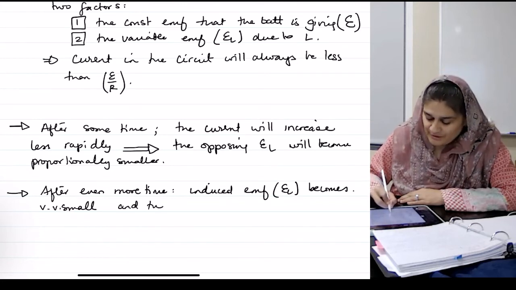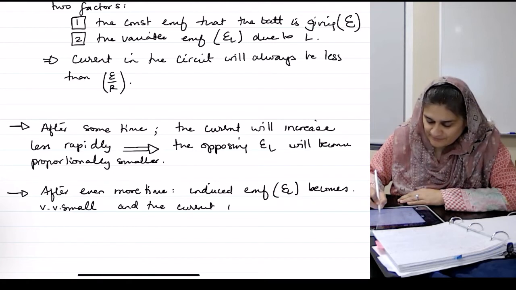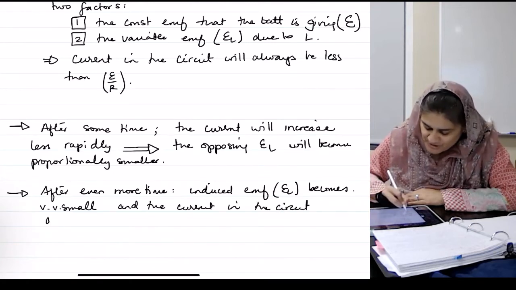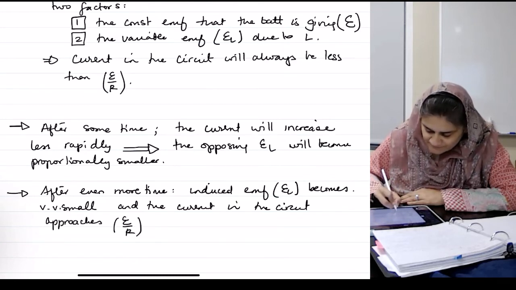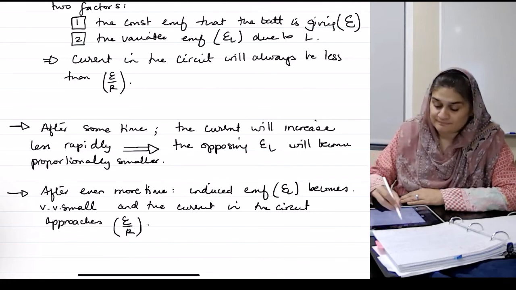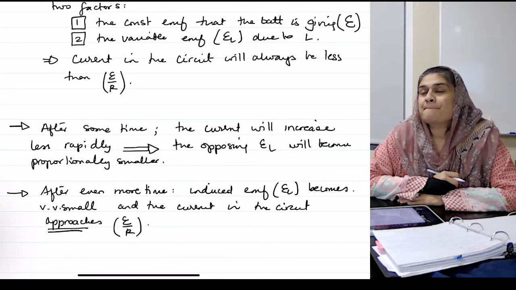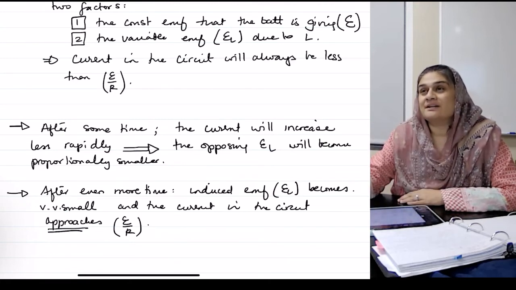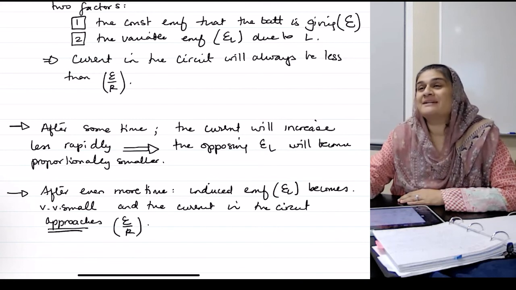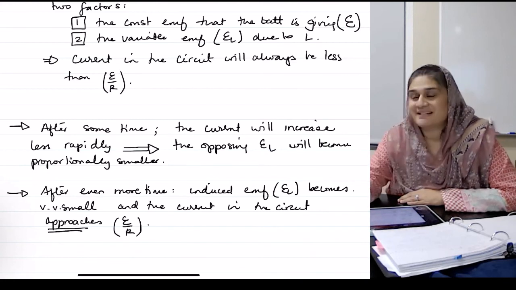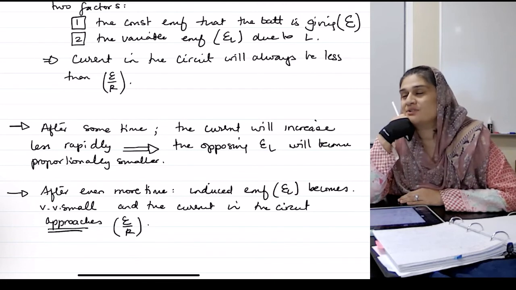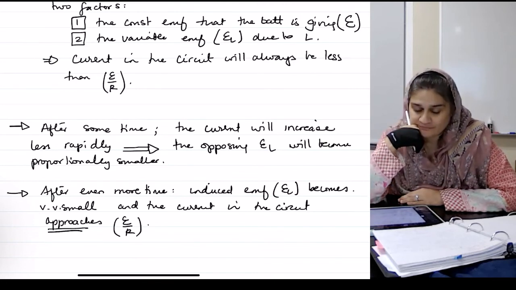And the current in the circuit approaches E over R. Note the word approaches. As long as there is an inductor in the system, it will never actually get to E over R, right? Because every time it tries to get there, there will be opposing EMF that's there.